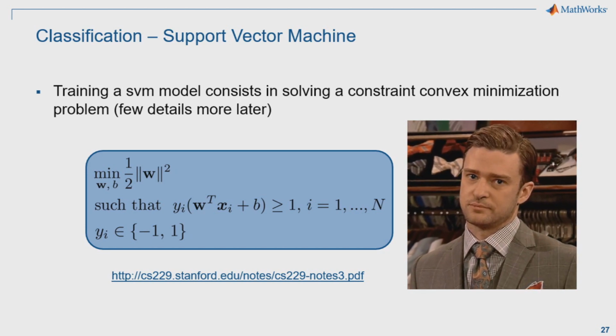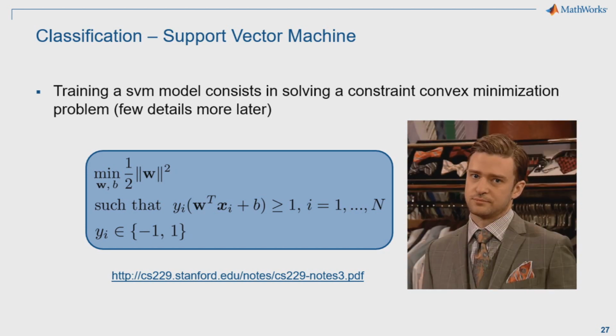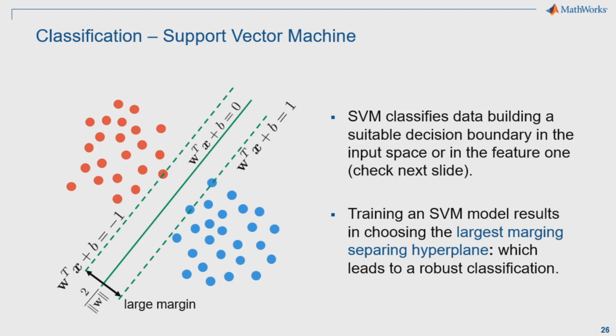But I just wanted to show you, coming back to the previous slides, that this constraint is the one that leads you to find these two margins. Fixing these two margins is exactly the constraint that you need to fix to achieve a solvable optimization problem.